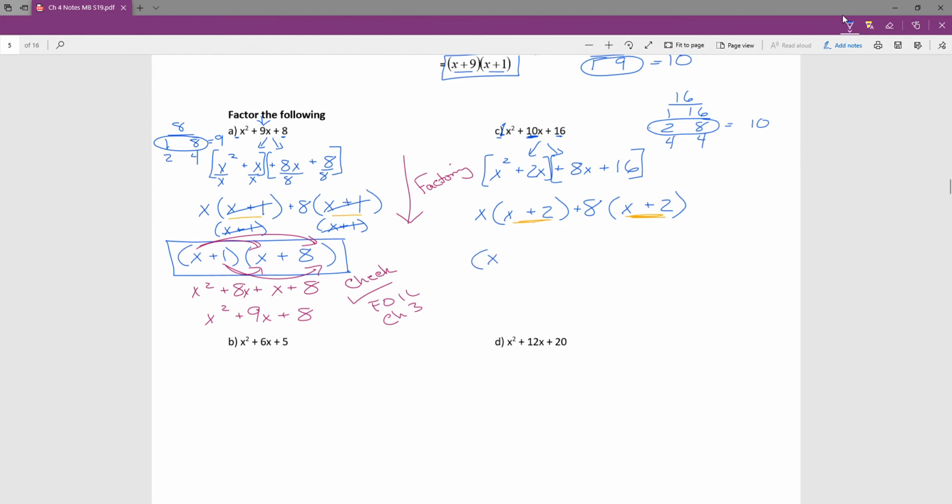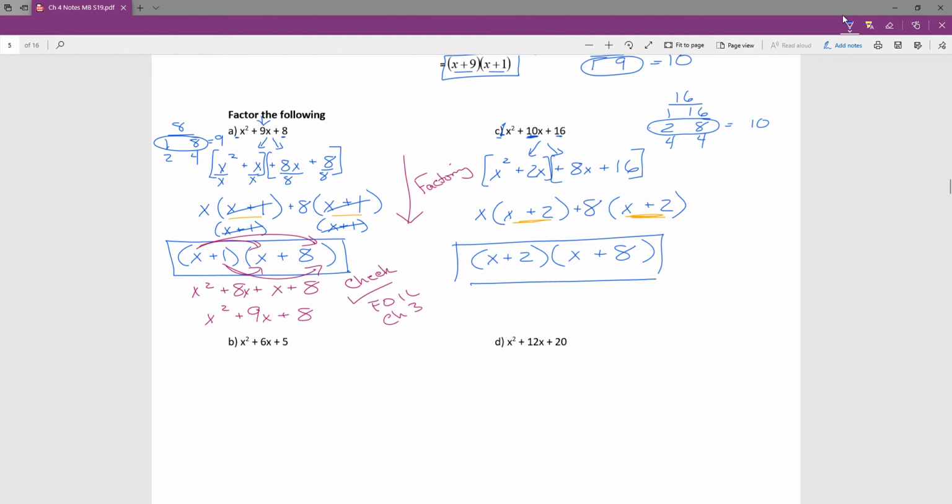So I write my greatest common factor out the front, put down my brackets, and fill it up with what's left behind if I were to divide that greatest common factor out of my 2 terms. And so that should give us my 2 binomials that I could FOIL out and check that they do indeed go back to my original question.